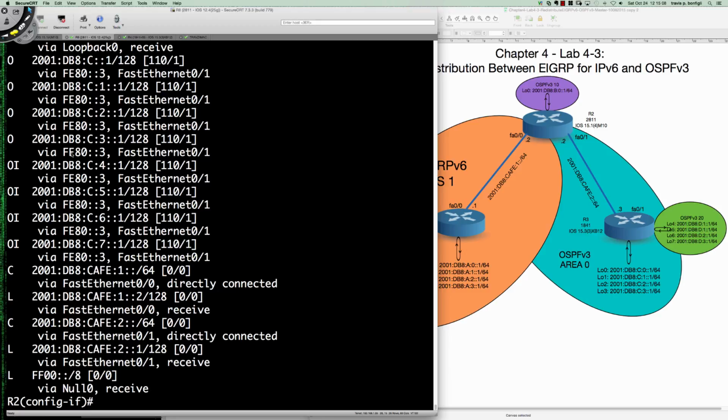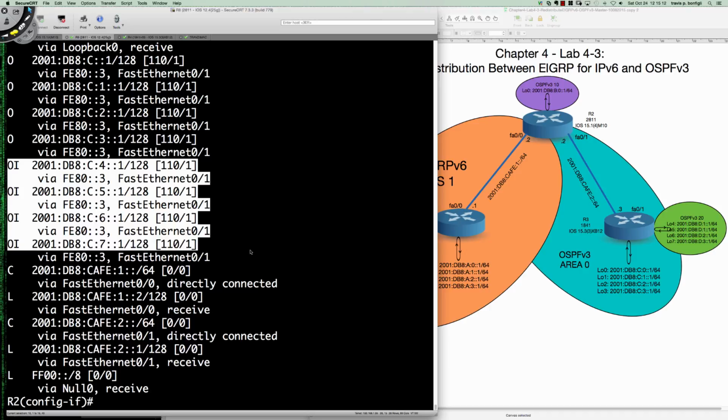So on router 2, I'm picking up these OSPF inter-area routes, and I'm wondering why, if I did not update the drawing properly, because the OSPF loopbacks we're working with are Charlie 4, 5, 6, and 7.